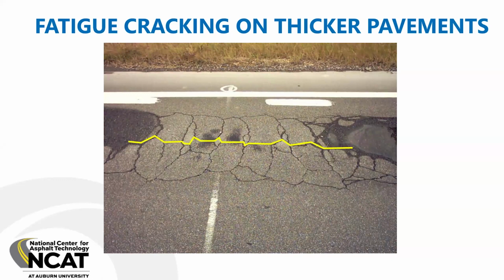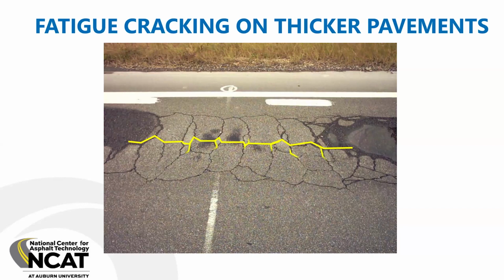What happens is the cracks have enough thickness to rotate up, and they interconnect as they rotate up. So they'll start as a longitudinal crack, more or less continuous, kind of stop and start, but then they interconnect. And this is for relatively thick pavements because there's enough thickness for this to happen.